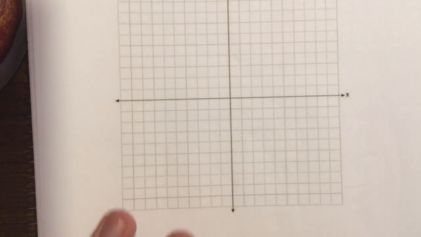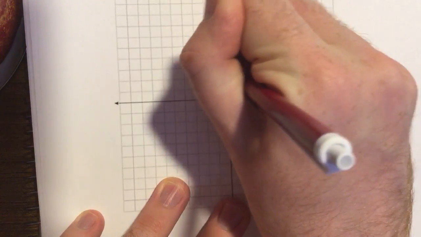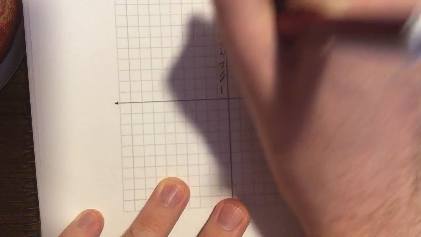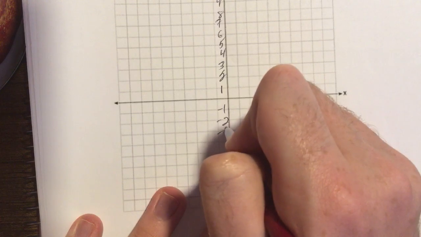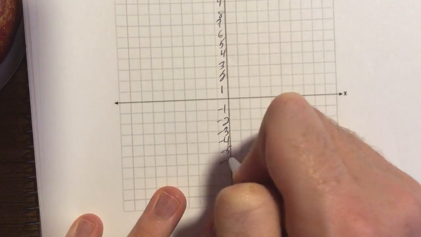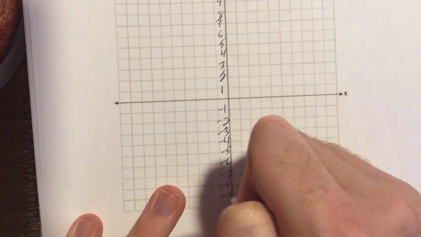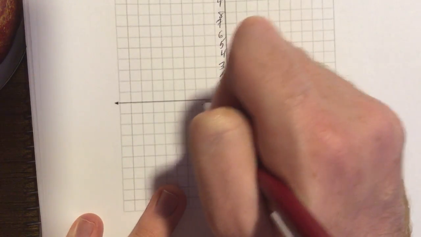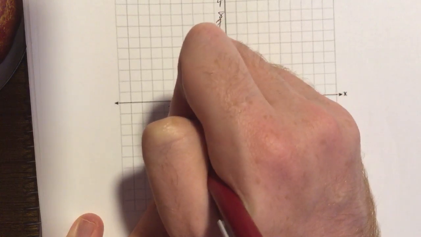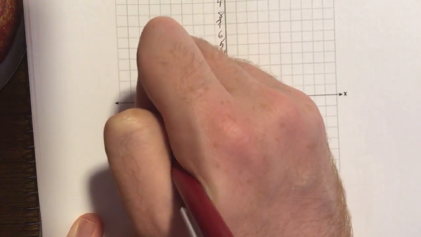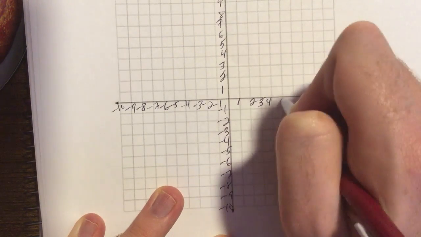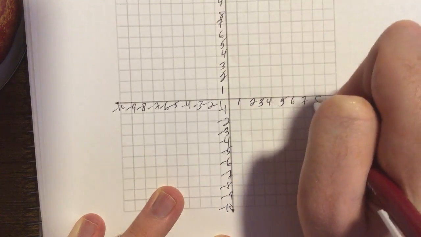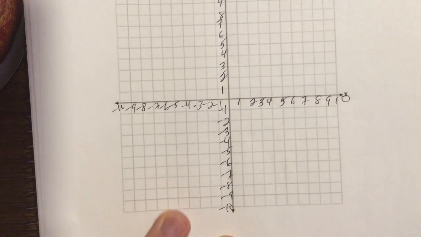And we are going to graph this now. We're going to set up our grid the same way. And we're going to plot our points.